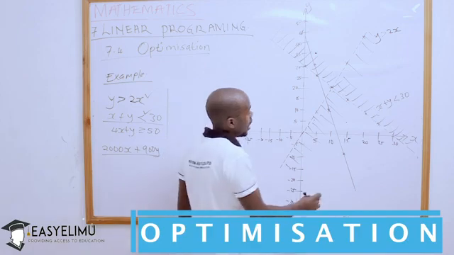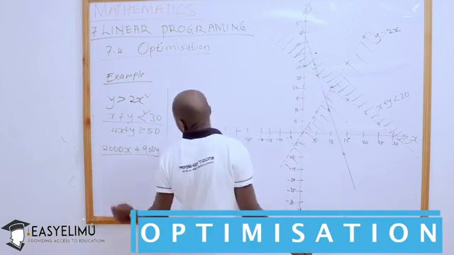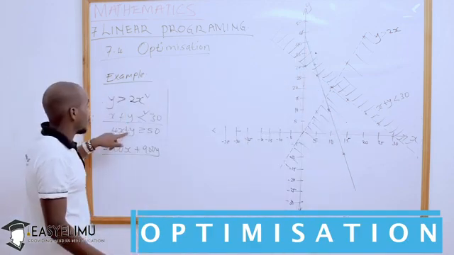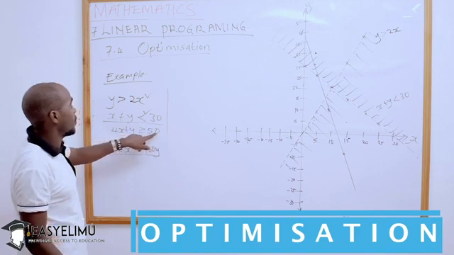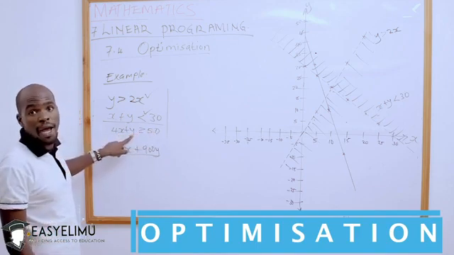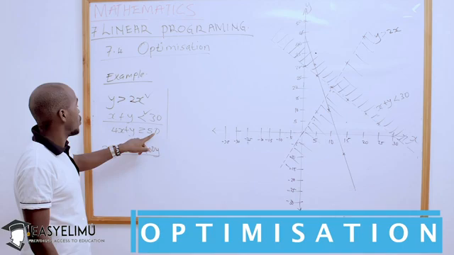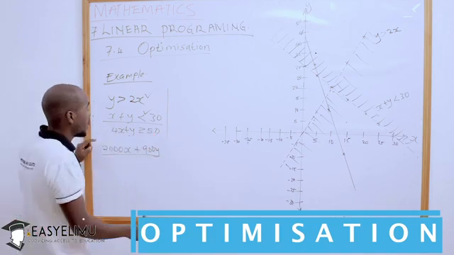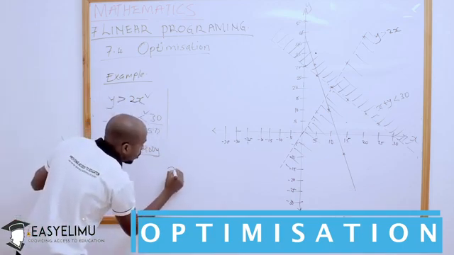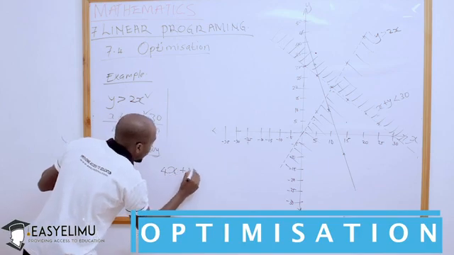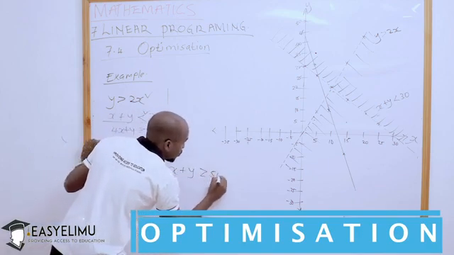Now I've drawn the line 4x plus y equals 50, that is y equals 50 minus 4x, and I need to find the inequality 4x plus y is greater than or equal to 50.